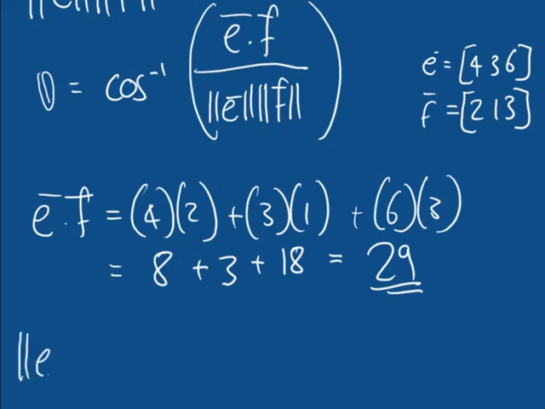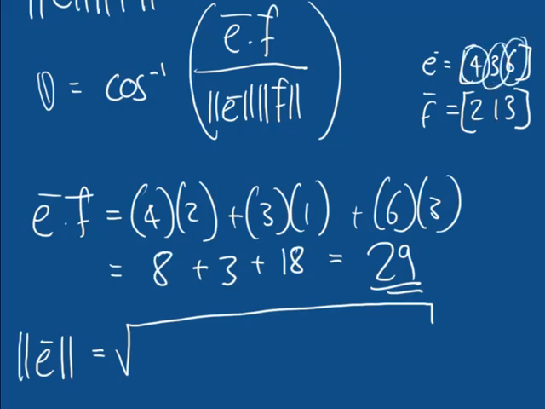So the length of e, the magnitude of e, is equal to the square root of 4 squared plus 3 squared plus 6 squared. It's the square root of x squared plus y squared plus z squared.